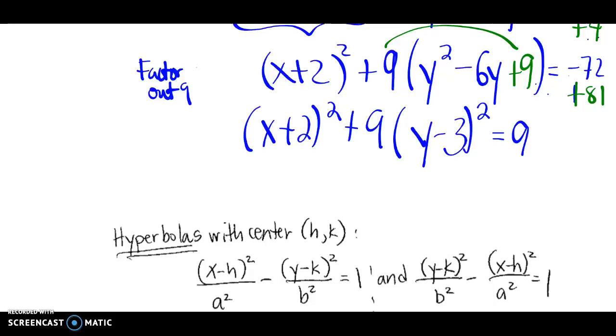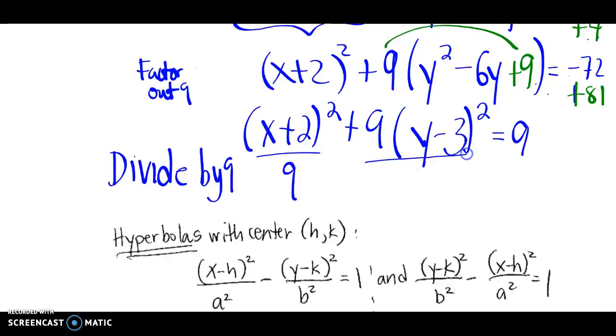Divide by 9. Divide everything by 9. Oh, there's a whole lot of 9s. All right, so when we divide by 9, we get, this is going to simplify to 1 over 1, no more 9s.